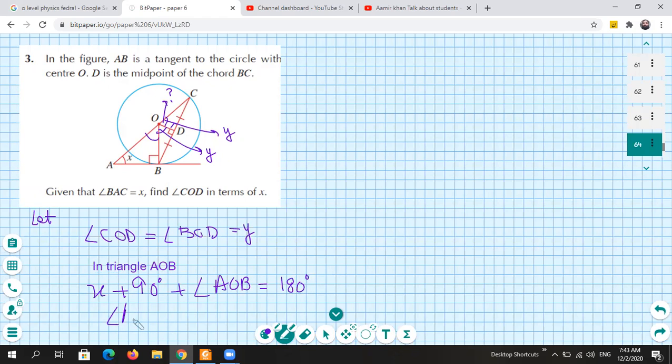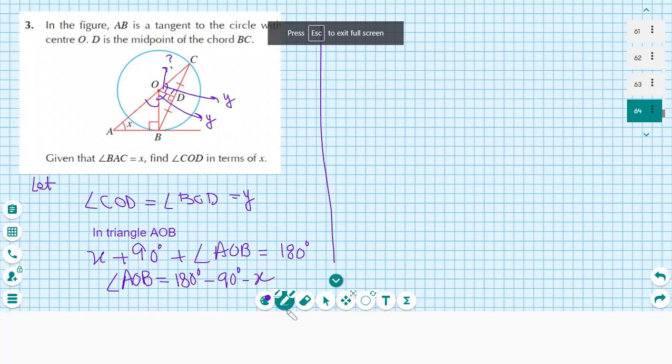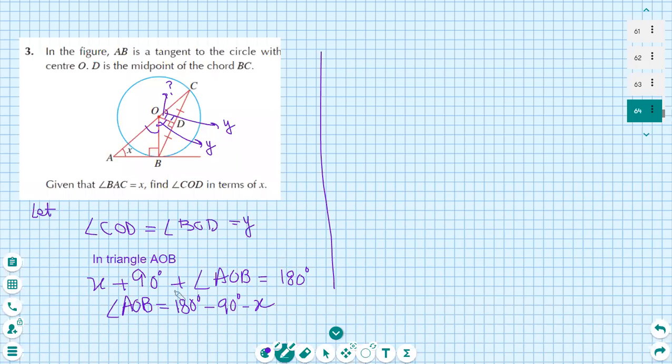So angle AOB will be equal to 180 minus 90 minus X, or angle AOB will be equal to 90 minus X. 180 minus 90 is 90. So this angle is 90 degrees minus X.